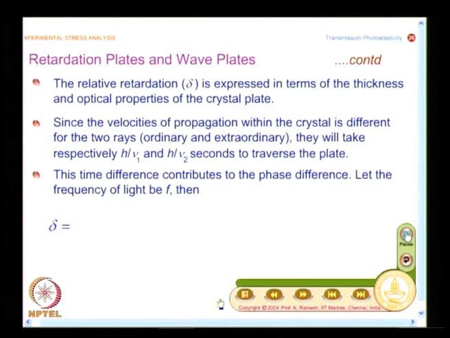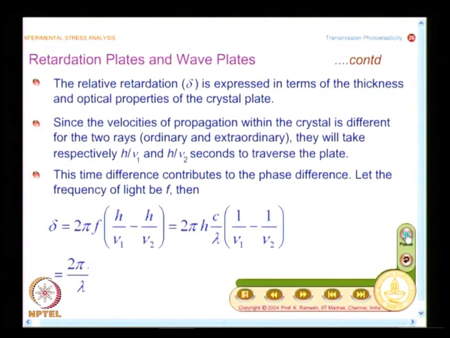I think some of you must have got it, and that is what you have here. So, I have this as 2 pi f times h by v1 minus h by v2, and I can rewrite f as c by lambda, where c is the velocity of light, and we have already seen if I write c by v1, c by v2, I can write it as n1 and n2.